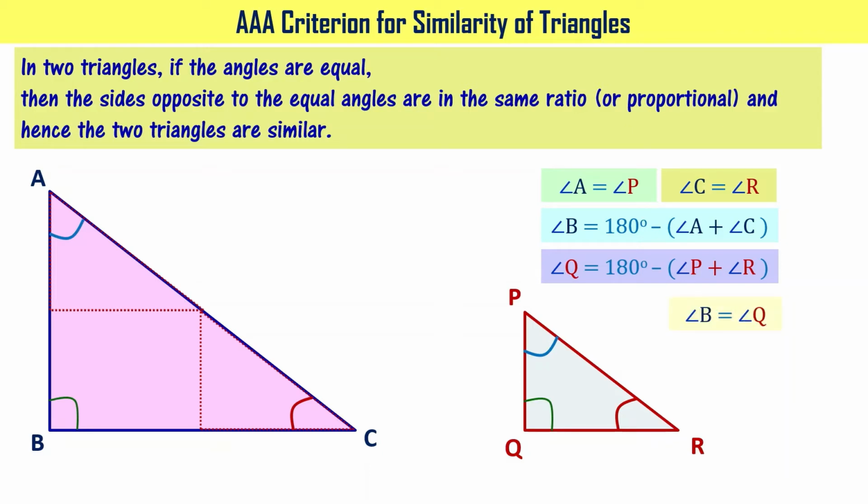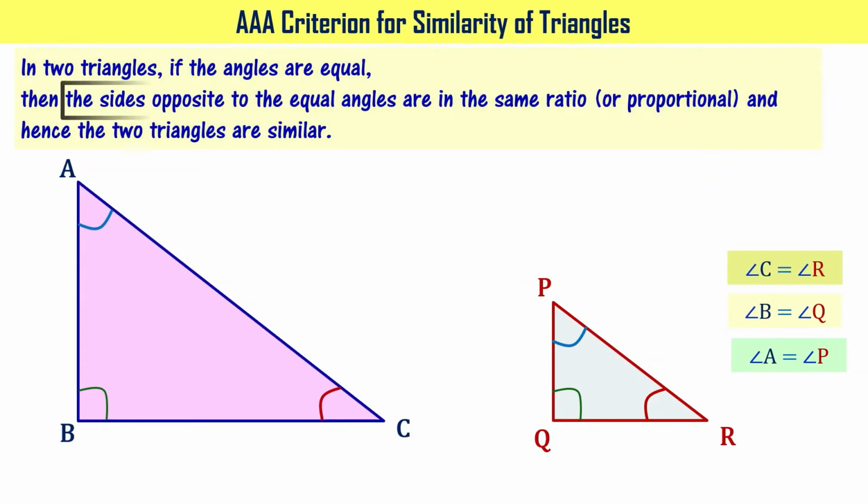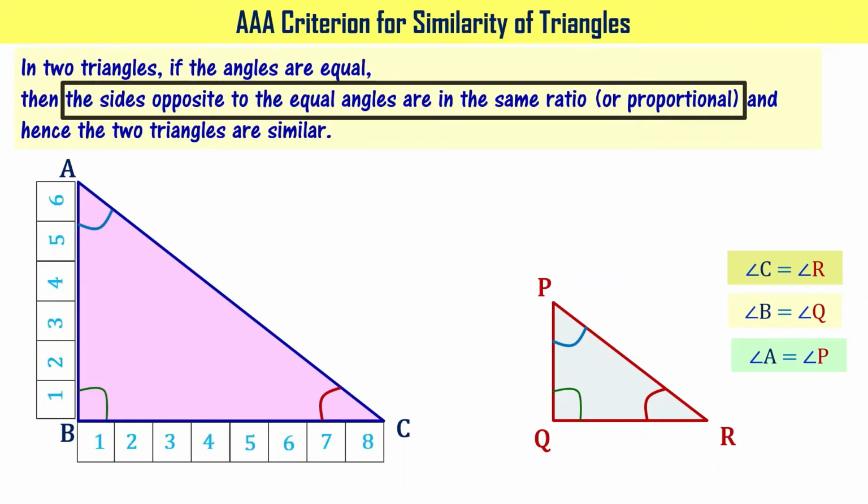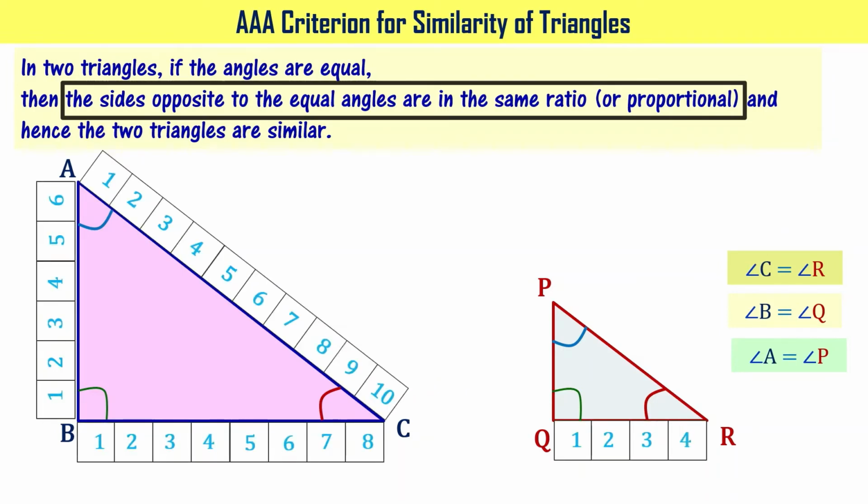Now we have seen that the angles are equal for the given triangles here. Now let's see whether sides opposite to the equal angles are in the same ratio or not. To do that, let me take measure of sides of these two triangles. As you see here, we have seen that angle C is equal to angle R, right?